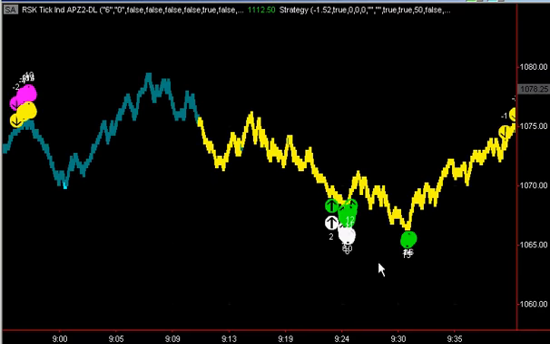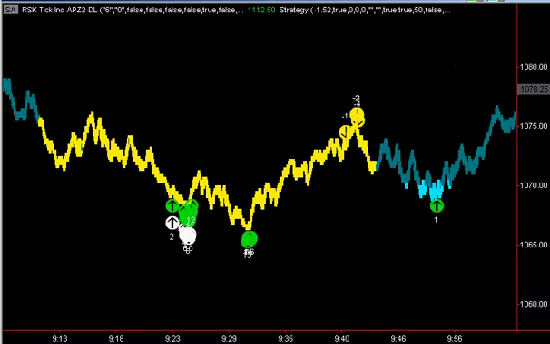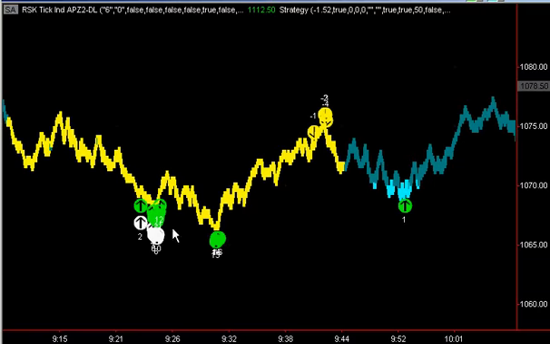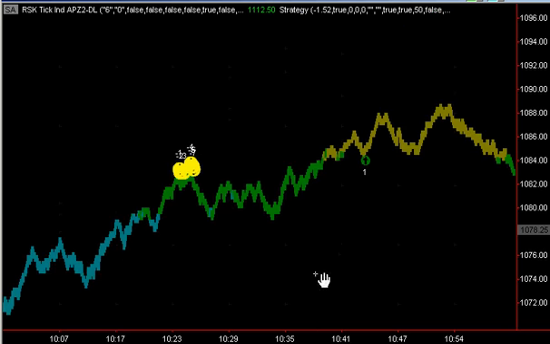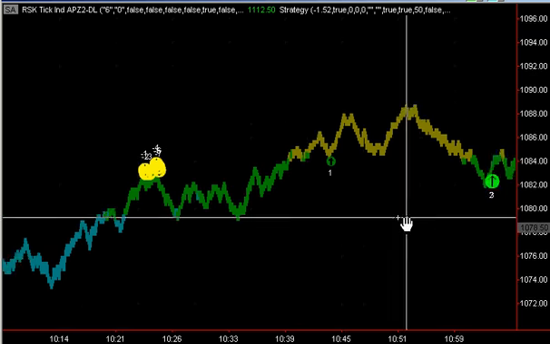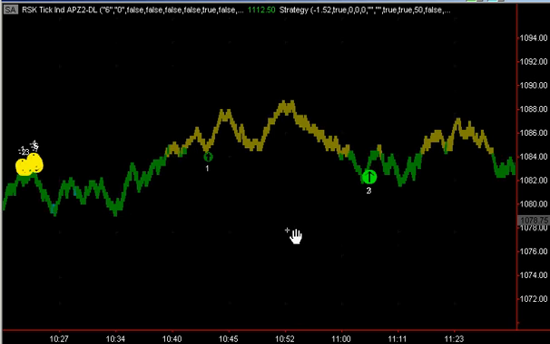Let's get it over here. Another set of trades here. Long trades, short, back to long. Here this trade pretty much got stopped out, even though we had several points on the board.